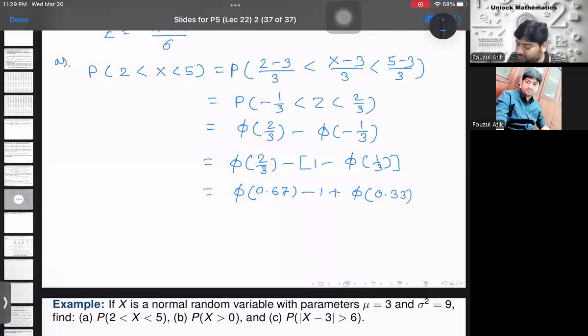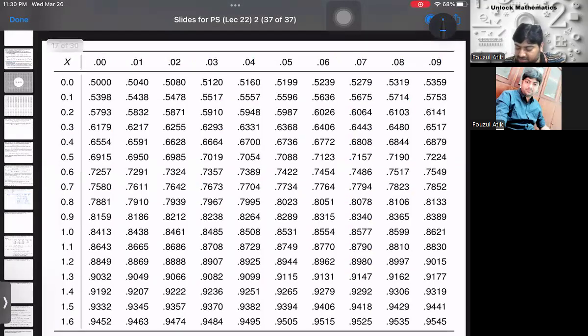Now we have this value from the standard normal table. I'll show you again how to find this value. Phi of 0.67 we can get from the standard normal table. So 0.6 is here and 0.7 is here. So 0.67 you get by going through this row and coming to this column.